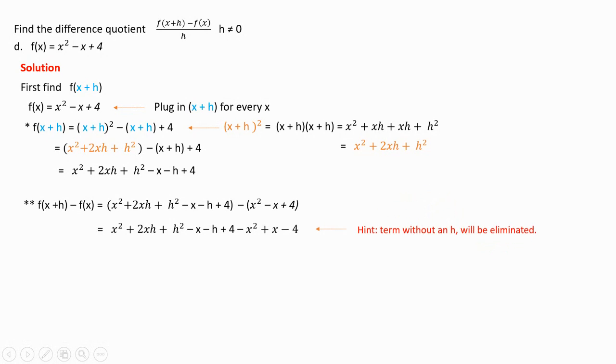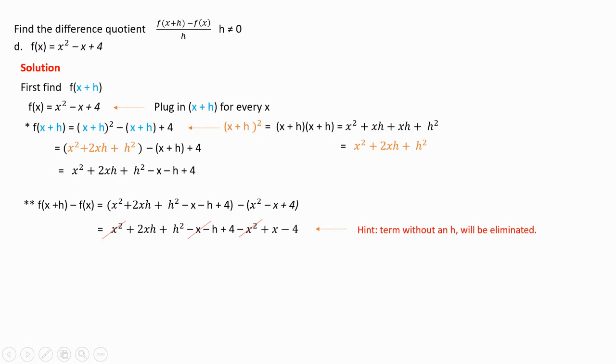Now for here we can combine some of the terms. Here's a hint: the terms that don't have an h have to be eliminated. For example, does the x squared have an h? No, it doesn't, so somewhere there has to be a negative x squared. You see, and here it is right here. Does the 2xh have an h? Yes, so that one stays. Does the h squared have an h? Yes, it does, so it stays. How about the negative x, does the term have an h?